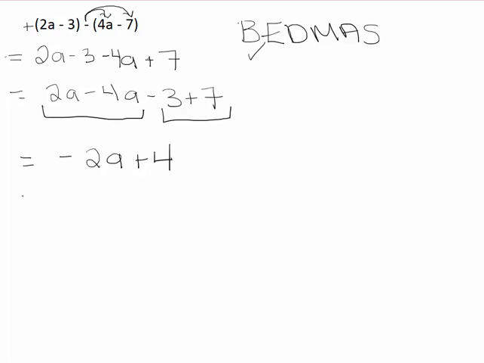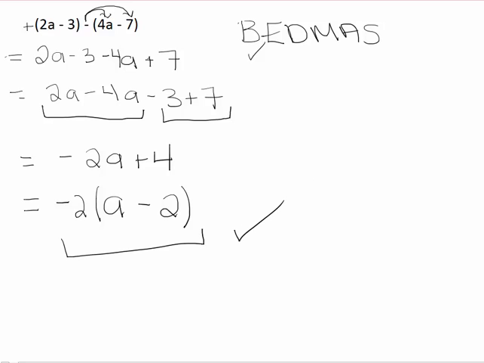Our final step to make sure this is in absolute simplest terms is we can factor out a negative 2 because each of these terms is divisible by 2. This is now our final answer in simplest form. And that concludes the lesson for Introduction to Polynomials.